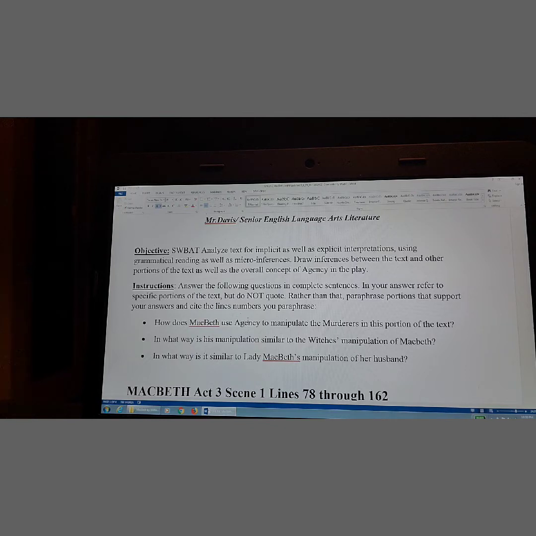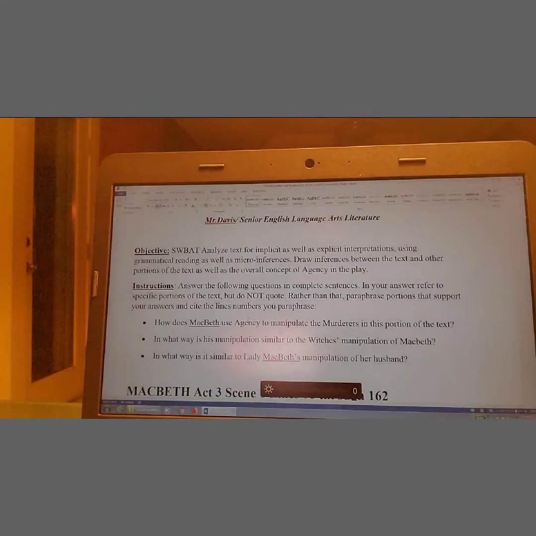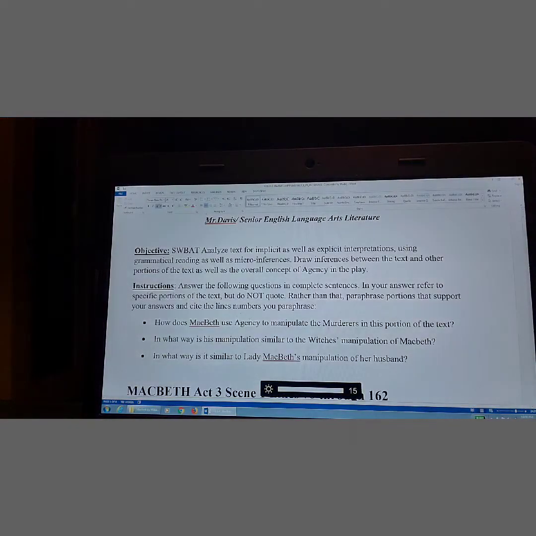So you're going to answer the following questions in complete sentences. In your answer, refer to specific portions of the text, but do not quote, right? So you're not quoting. More so interested in whether or not you can interpret things, like your own thinking rather than Shakespeare's thinking.